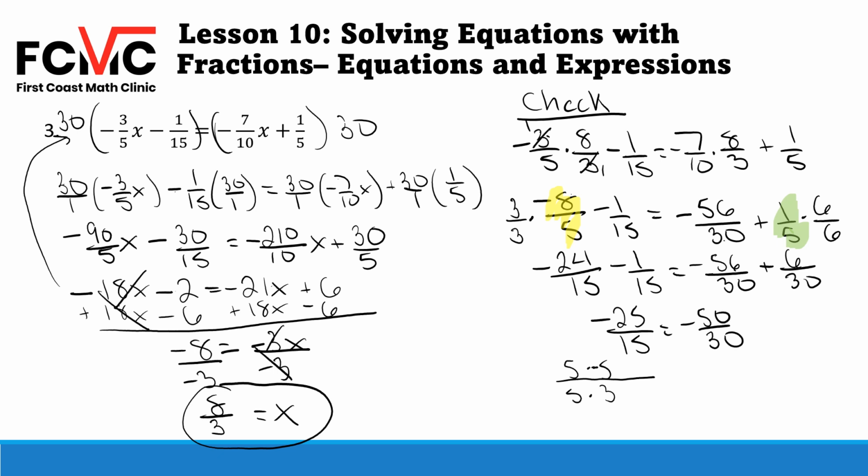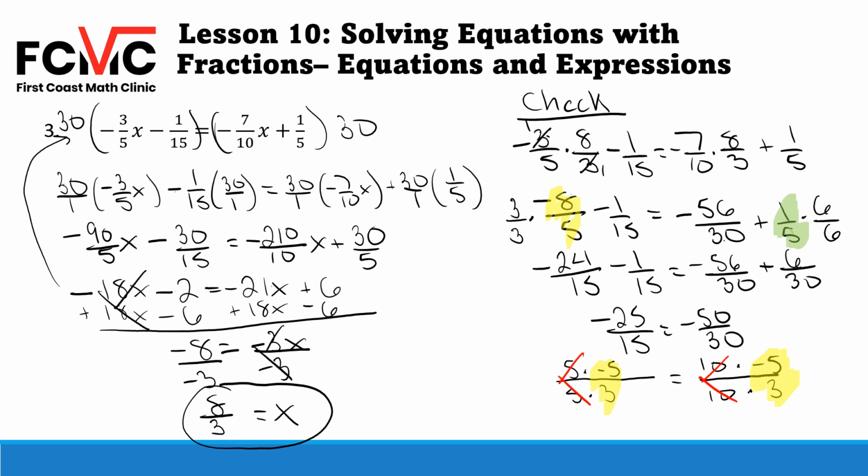And on the right side, let's factor out a 10, so this is going to be 10 times negative 5 over 10 times 3. All right, so now when we simplify this, we can divide out the 5 and the 5, and the 10 and the 10. And we've got the same value on the left and the right side. Negative 5 over 3, negative 5 over 3.